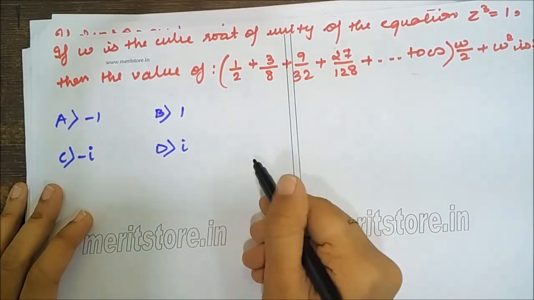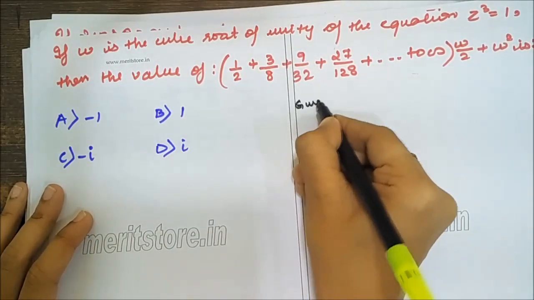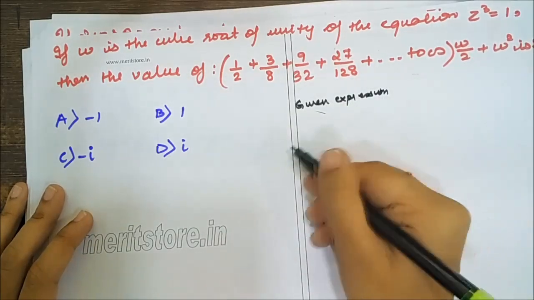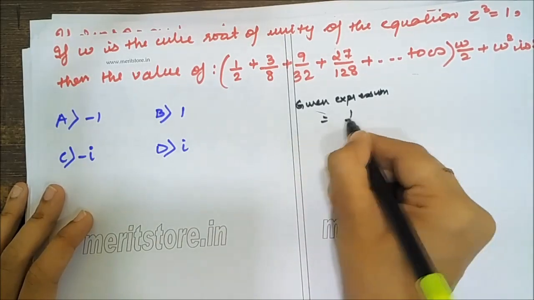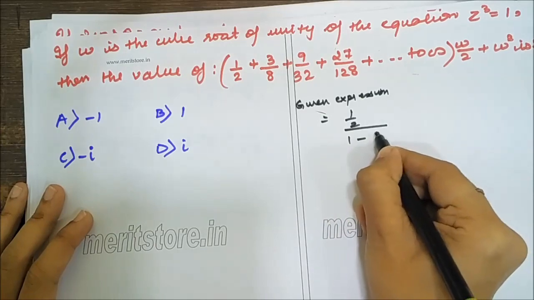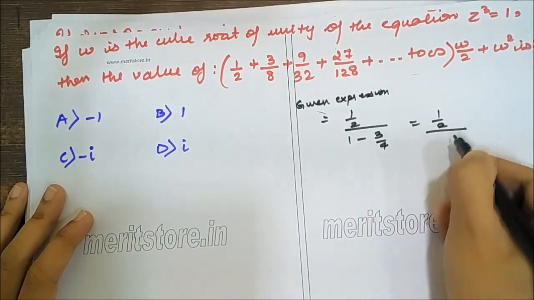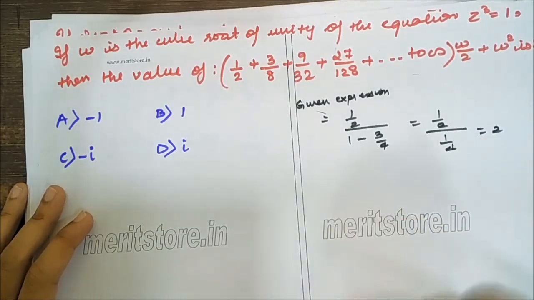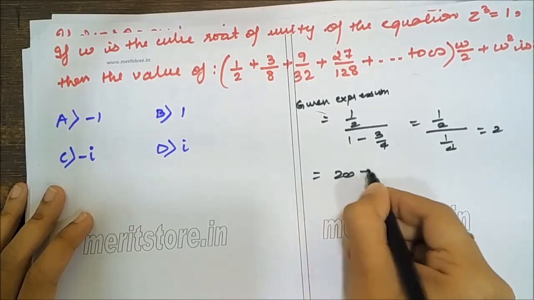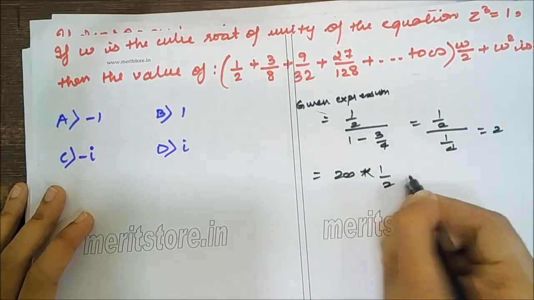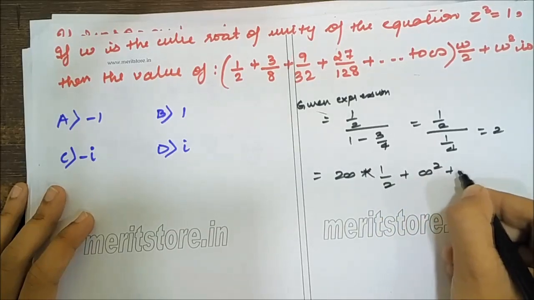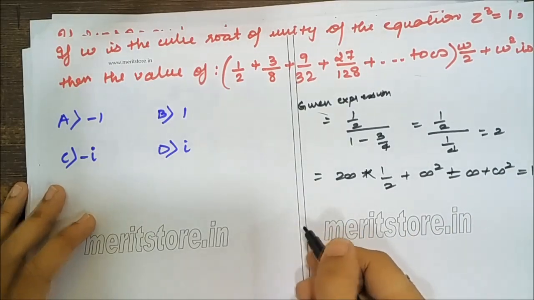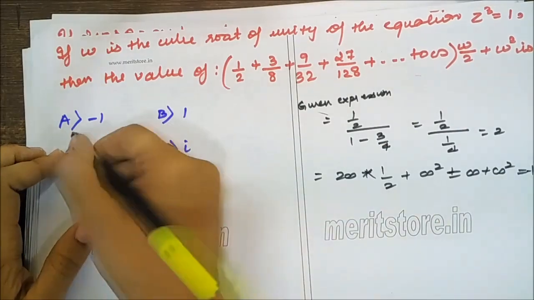So here, given the expression, we know that 2 times it, when you do half upon 1 − 3/4, that is half upon 1/4, that is equal to 2. So the answer is equal to −1.